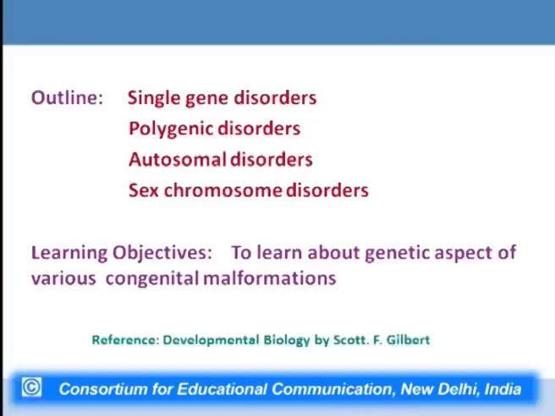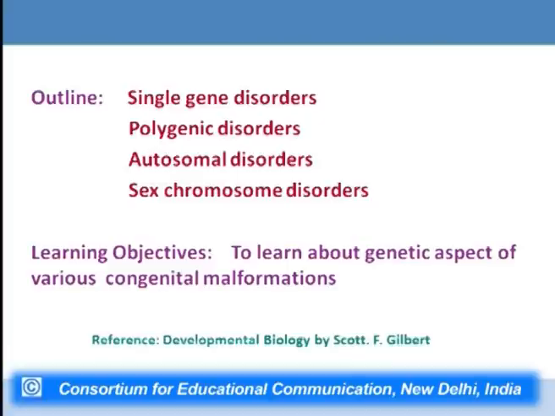So, the outline for this particular lecture: I will be talking about disorders which are because of genes, single gene, that is when only one gene is responsible for a particular malformation, single gene disorders, and when polygenes are responsible for a particular disorder, that is a number of genes are responsible for creating an anomaly in the individual.